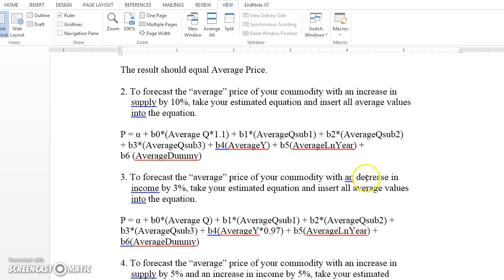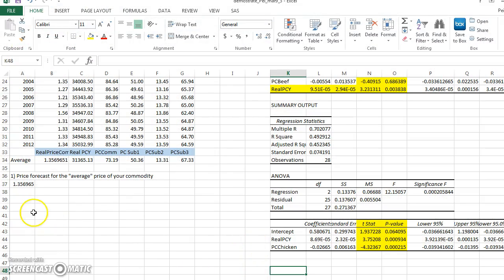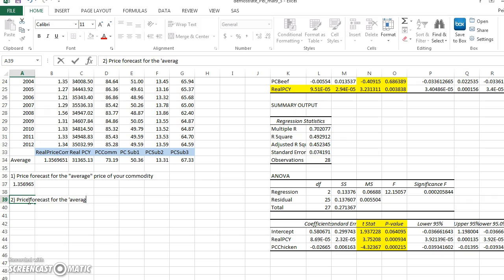So let's see, what do we do to calculate this estimation? So number two, we're going to make a price forecast for the average price of your major commodity with a 10% increase in supply.